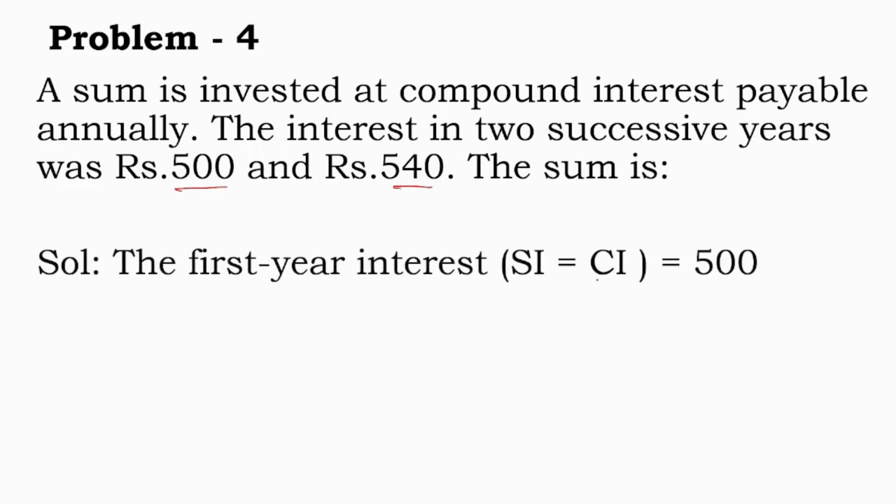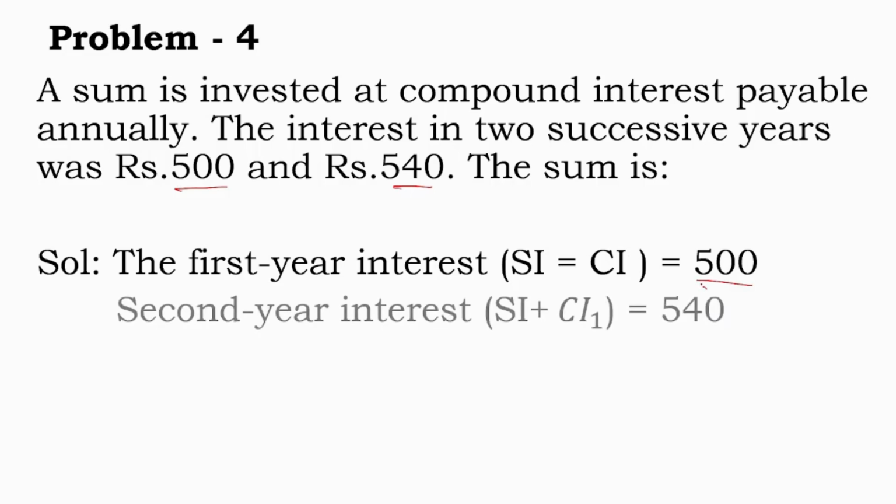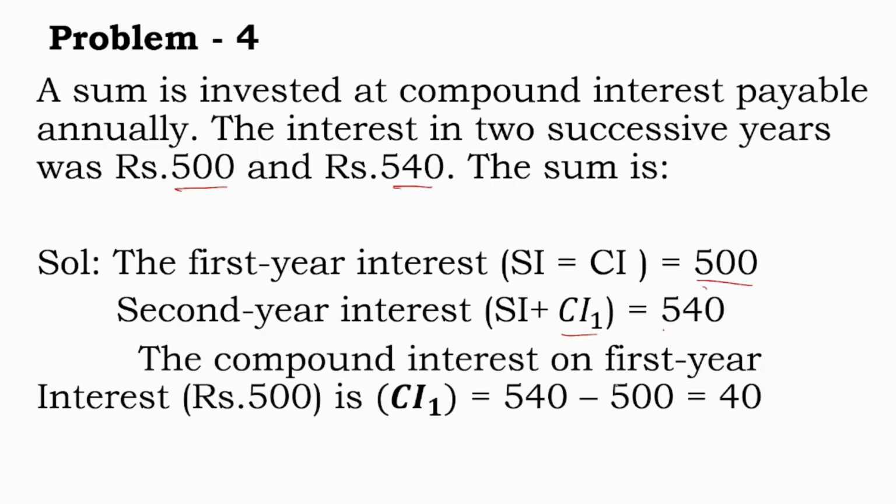Now we see that for the first year, simple interest equals compound interest, and for the second year, it is simple interest and compound interest 1. So compound interest 1 here is 540. Compound interest 1 is imposed on the first year's simple interest, which we calculated.